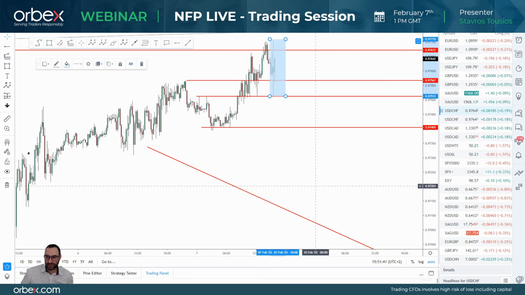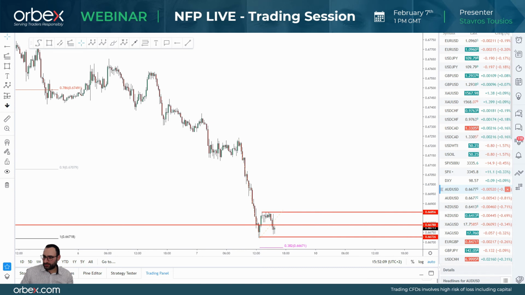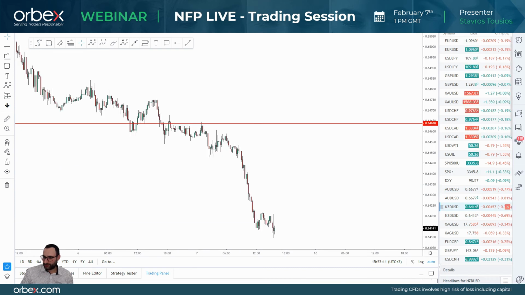The Swiss franc is weaker than the dollar because interest rate differentials don't really allow institutions, based on their daily operations, to go long on the Swiss franc in this particular case. So you'll be able to see safe haven flows coming into yen and also gold. Aussie and Kiwi are pretty much unchanged.